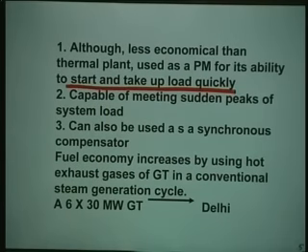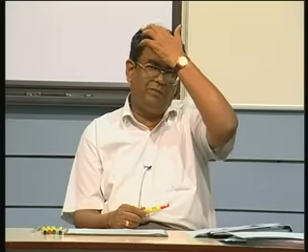We have just done in one of the earlier lectures hydropower plant, and we hailed it as a quick starting power plant, 5 minutes. But can you bring a hydropower plant to your rescue for short duration peak load? You can't go on establishing hydropower plants everywhere just to supply peak load.